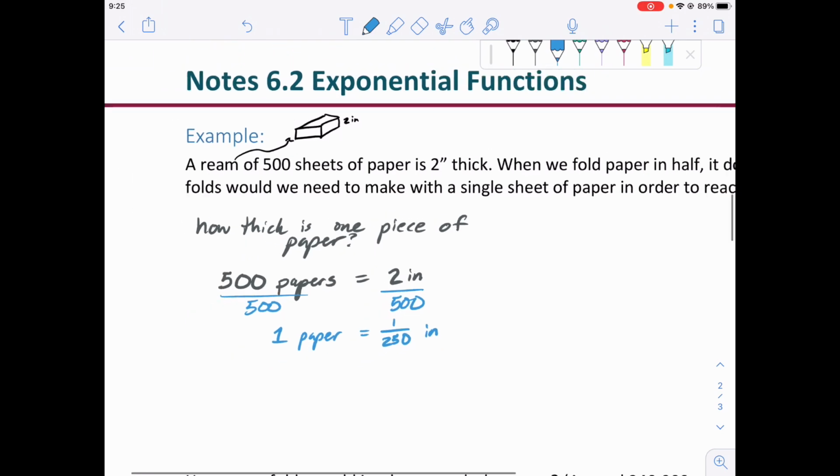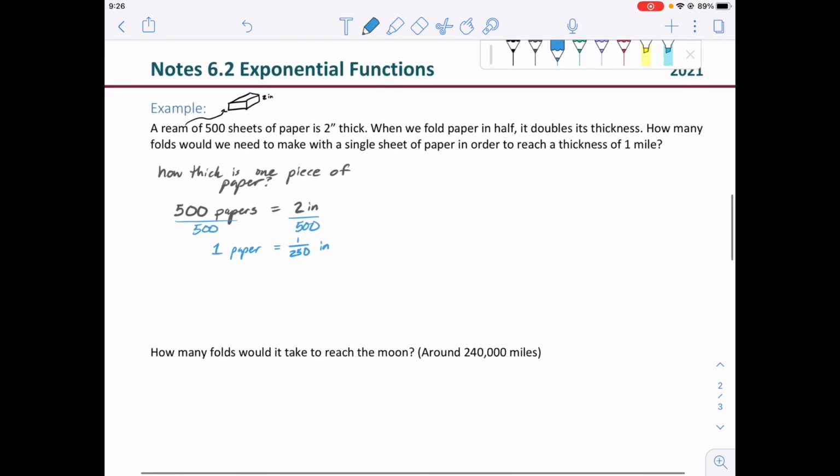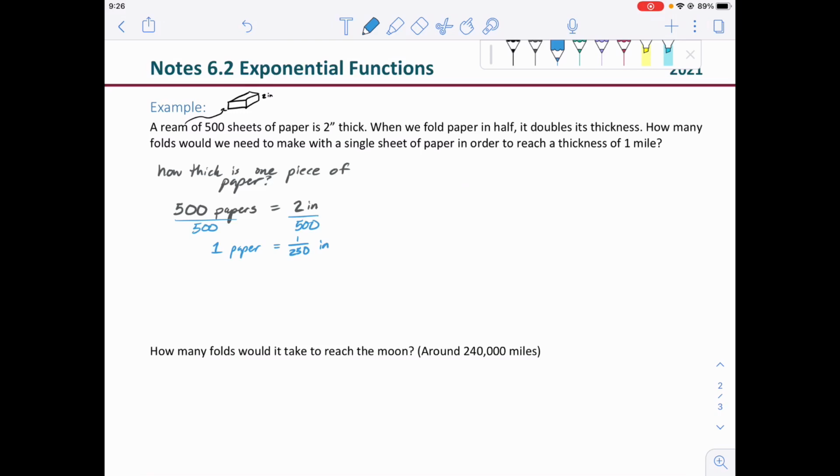So we know how thick a piece of paper is. When we fold a piece of paper in half, it doubles its thickness. That makes sense, right? If you have a piece of paper and then you fold it in half, you now have that second layer. So what you've made is 2 pieces of paper that are connected on top of each other.